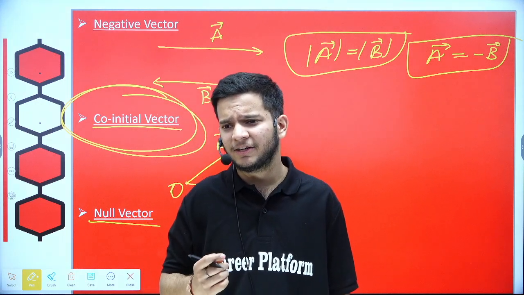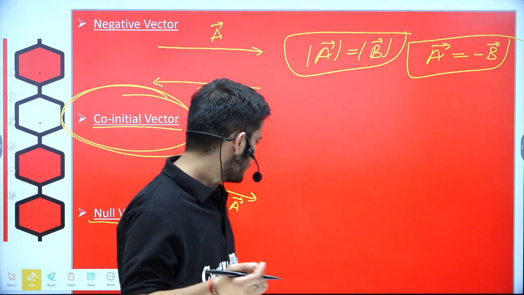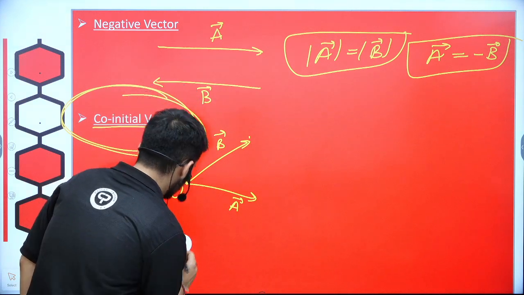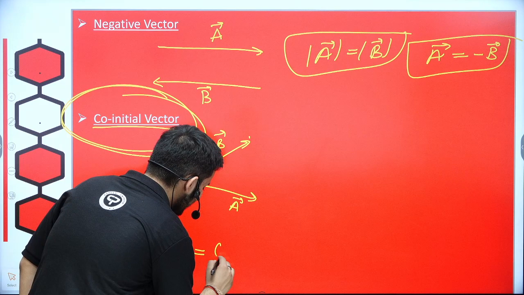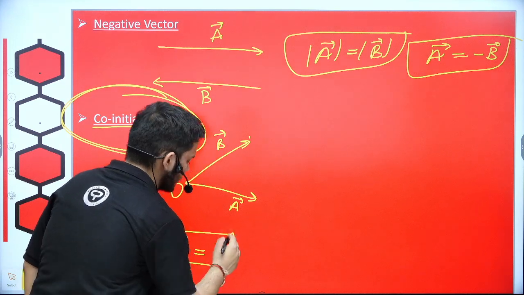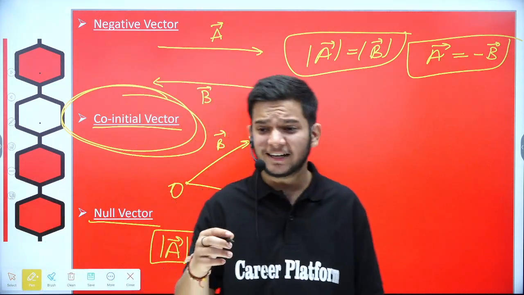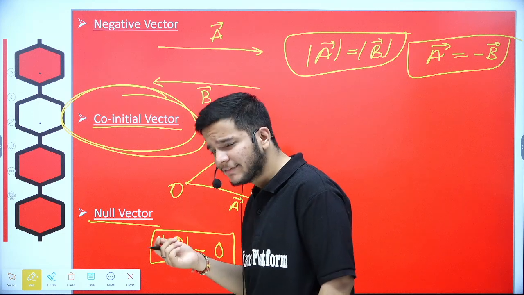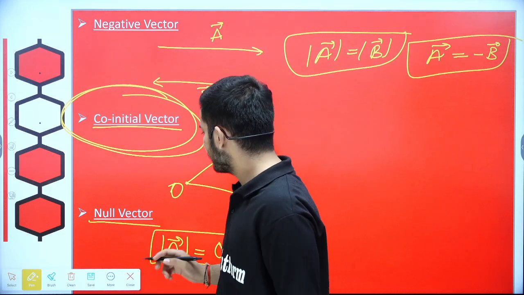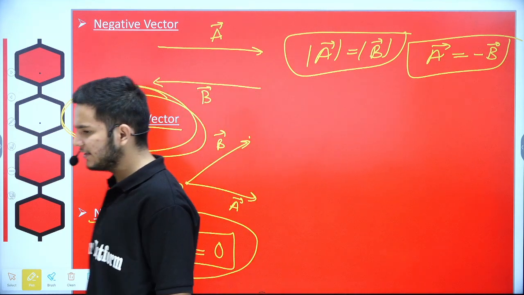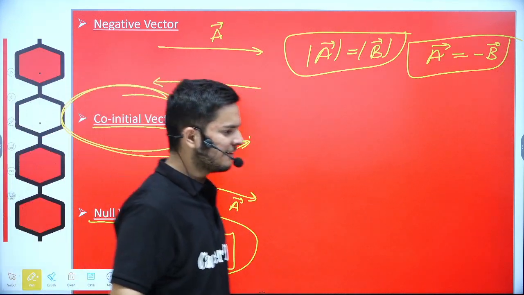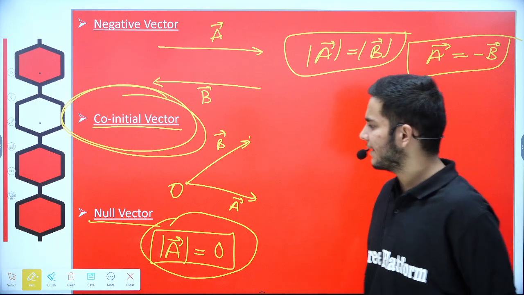No, there would be no value associated with it, so its value will be 0. So if we have to represent an empty or null vector, how would we represent it? By putting its magnitude equal to 0. Is this clear? Do we have any problem?